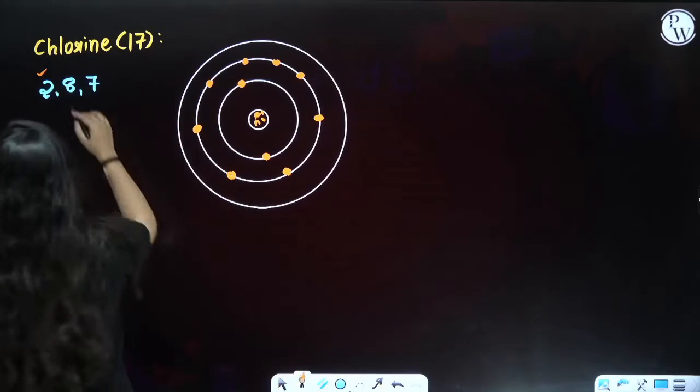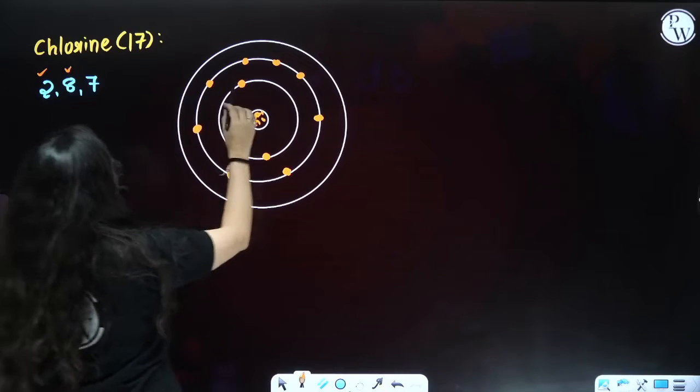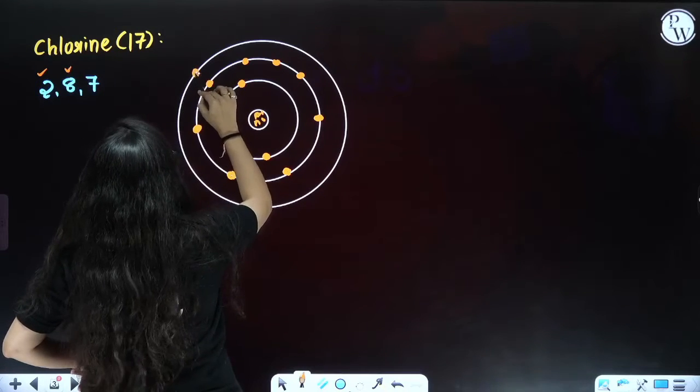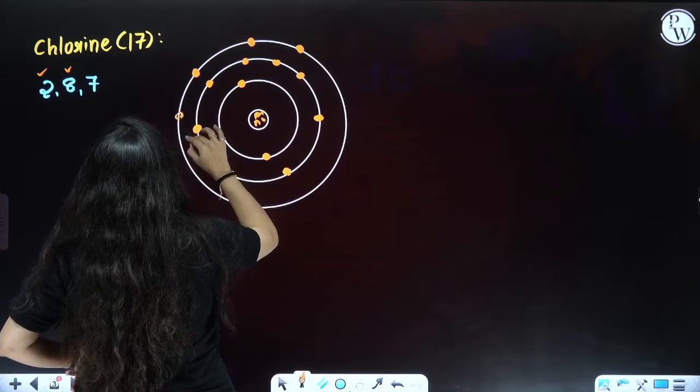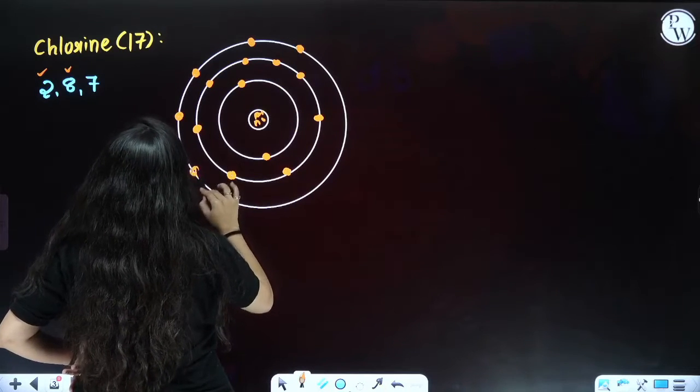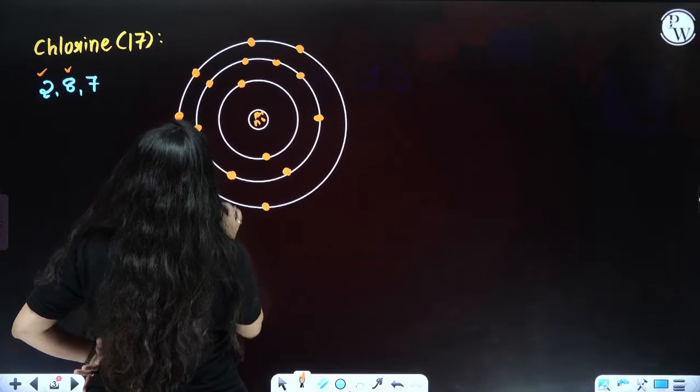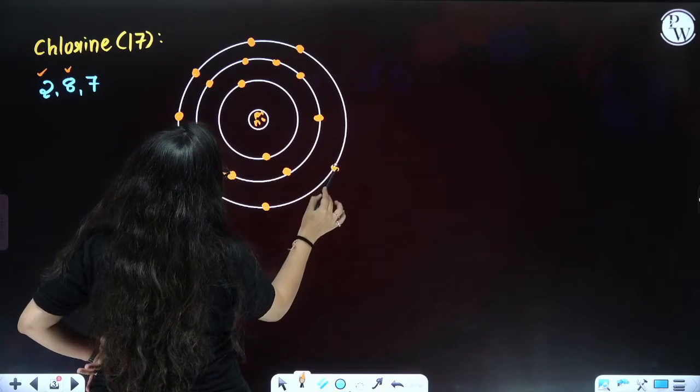Okay, second shell also done. Then third consists of 7 electrons: 1, 2, 3, 4, 5, 6 and 7.